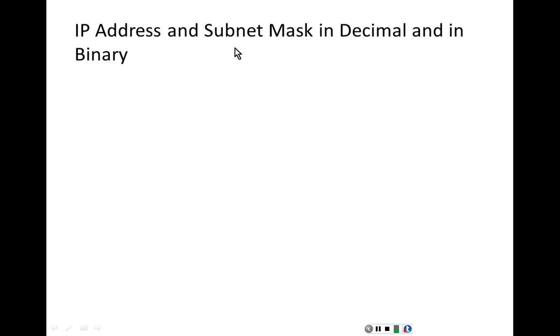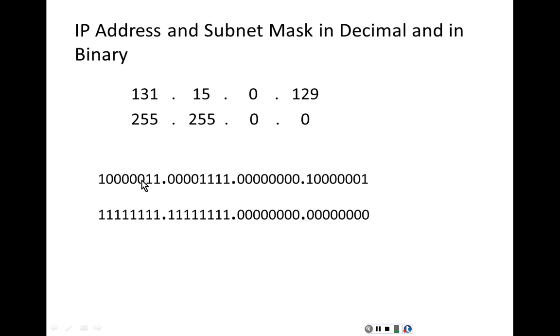So let's look at IP addresses and subnet mask in decimal and binary. Now, you and I write it out as 131.15.0.129, and we might say that the subnet mask is 255.255.0.0. But here is how the computers see it over the wire. The IP address is this bit pattern of positive and negative impulses.